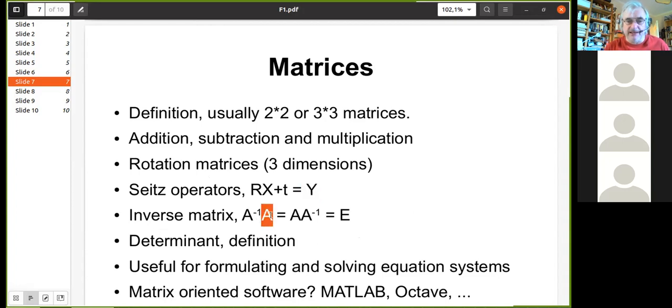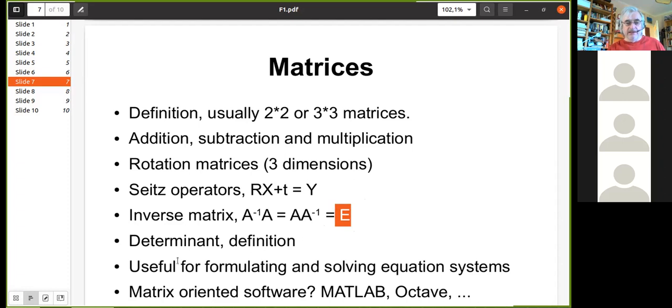Matrices, and matrix A, for example, usually has an inverse, with the property that the inverse times the original matrix A is equal to a unit matrix. E is just a matrix with zeros except on the so-called main diagonal, where it's units. This could be of interest.